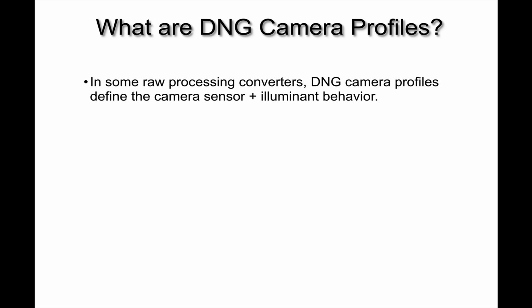I'm going to talk about this idea of the illuminant behavior in detail in an upcoming slide, because this isn't obvious in terms of when and where you need to build these particular profiles under what lighting conditions. So I'm going to go into some detail and discuss why it is necessary to build different DNG camera profiles based on the illuminant.